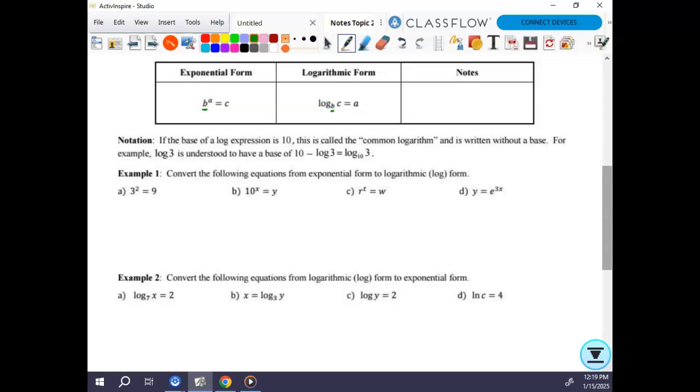And in this one, we have an exponent, and in that one we don't. So our notes here can be that the base of exponential and log are the same. The base is the base. I mean, they look different in the different forms, but it's still the base when we convert.